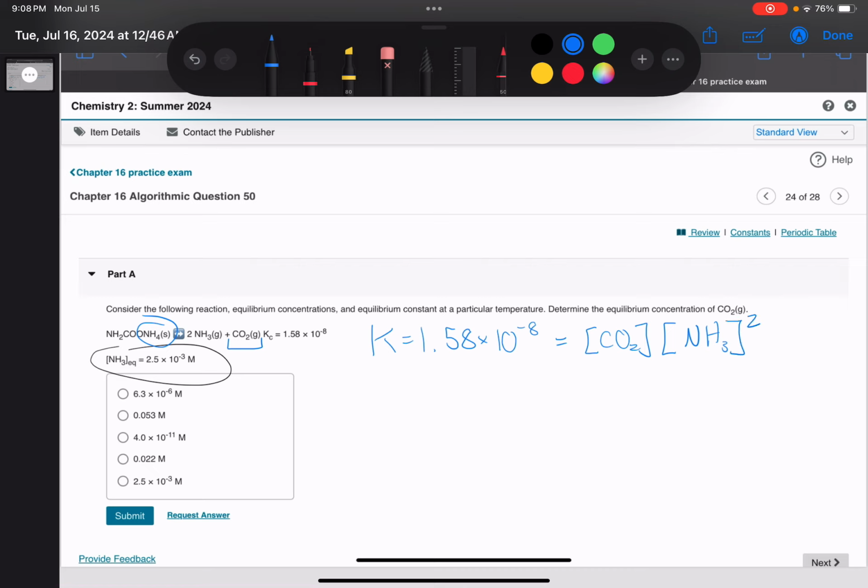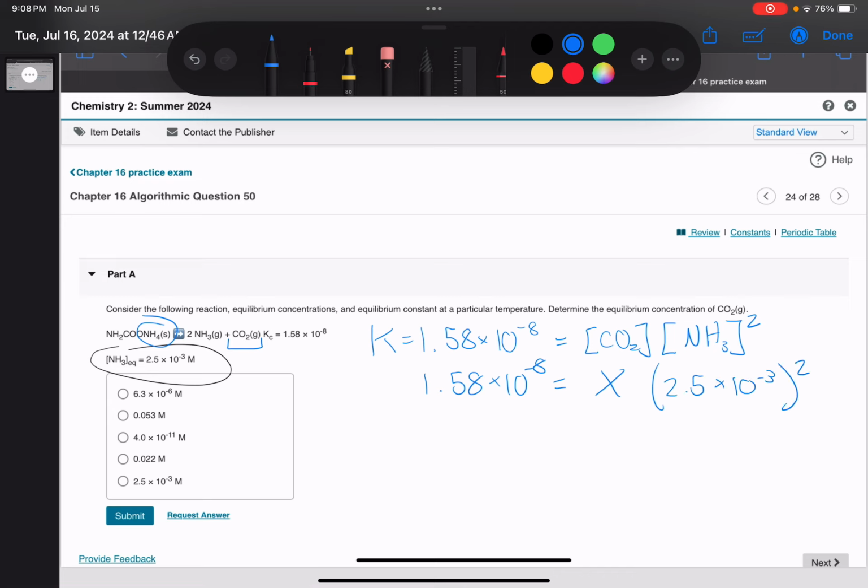So they give you the NH3 equilibrium concentration. We're going to call CO2 our X, and this is 2.5 times 10 to the negative third squared.